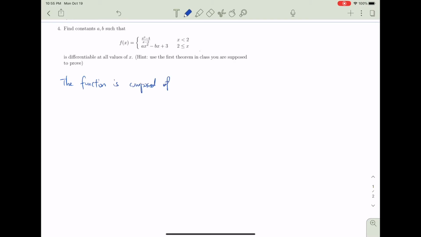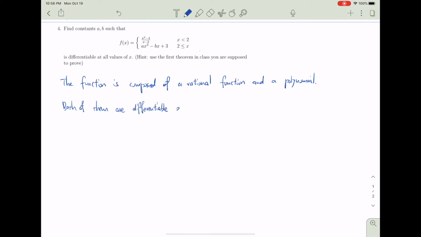Both of these functions are differentiable on their domains. They are already differentiable.